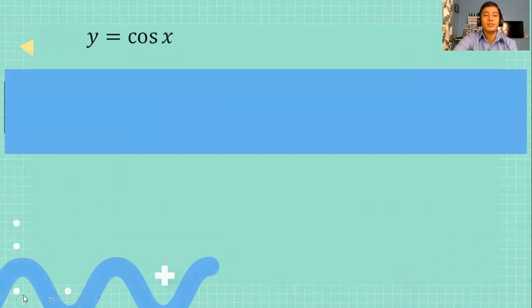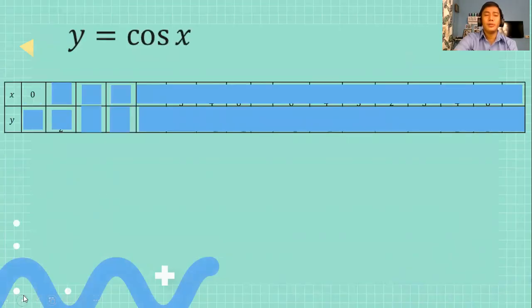Substituting the values, we have y = cos 0. The answer is 1. Cos 30 degrees or cos pi over 6 radians is the square root of 3 over 2. Cos 45 degrees or cos pi over 4 radians is equivalent to the square root of 2 over 2.